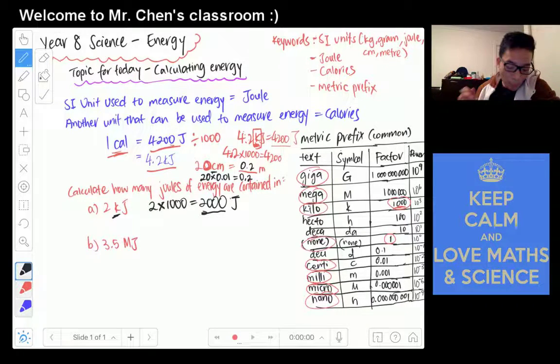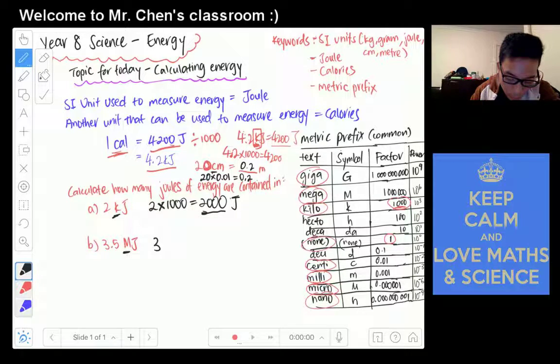Next one, 3.5 MJ. So not Michael Jordan, it's actually megajoule. So mega here has a value of 1 followed by 6 zeros. So it's quite a big number actually. So what are you going to do? All you need to do is replace that mega with whatever number is there.